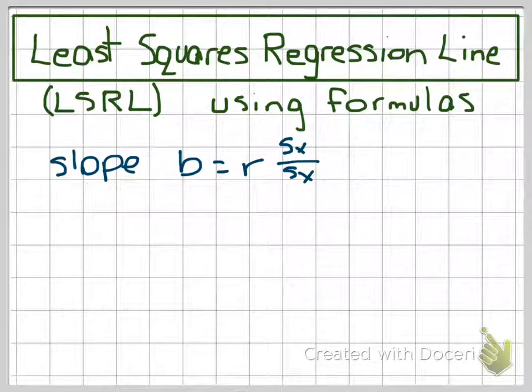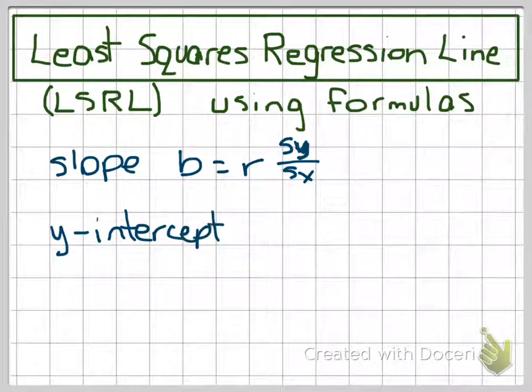That's the correlation coefficient times the standard deviation of y over the standard deviation of x. We also need the formula for the y-intercept, and that will be A is equal to the mean of y minus B times the mean of x.